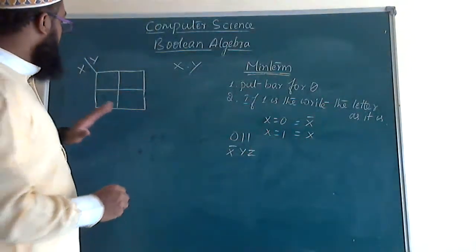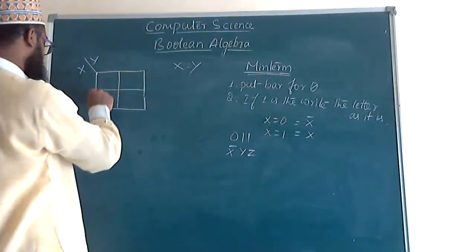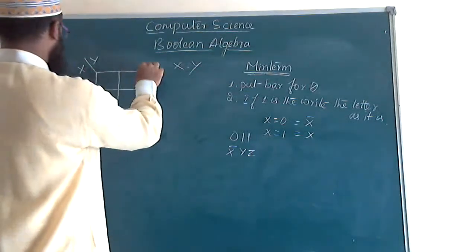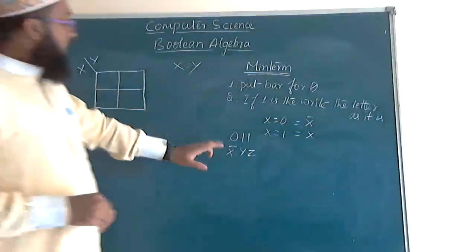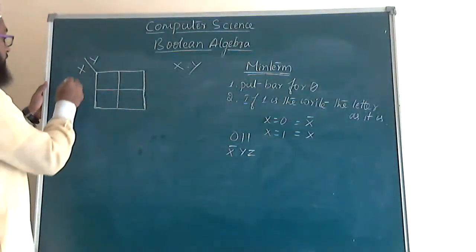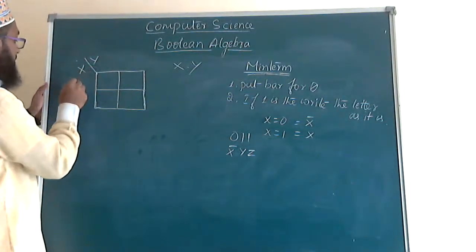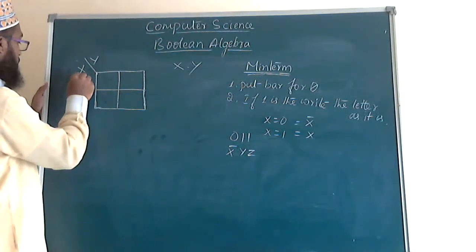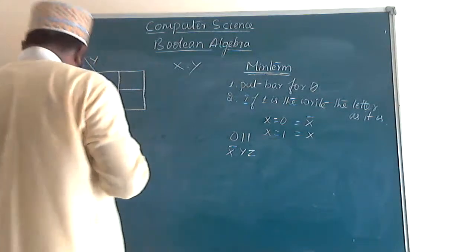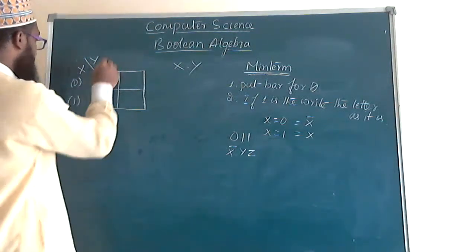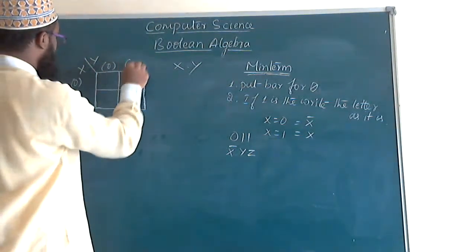Now look here. Only two variables are there, so I will take only 2 values. 0, then 1, here also 0, then 1.